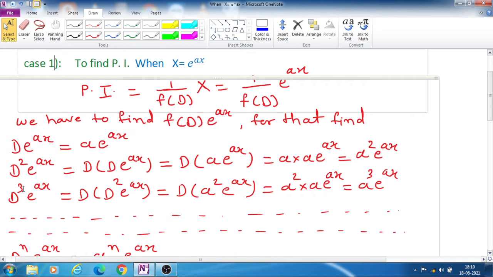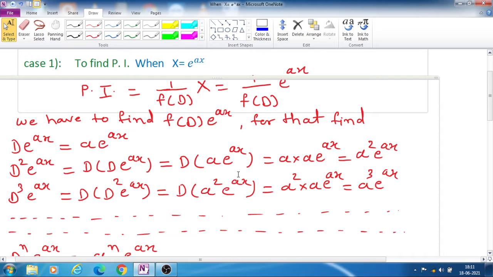Next derivative is D square e raised to ax. That means we operate D on D, or this can be written as D into bracket D of e raised to ax. So we find first D of e raised to ax, which we wrote above is a into e raised to ax.